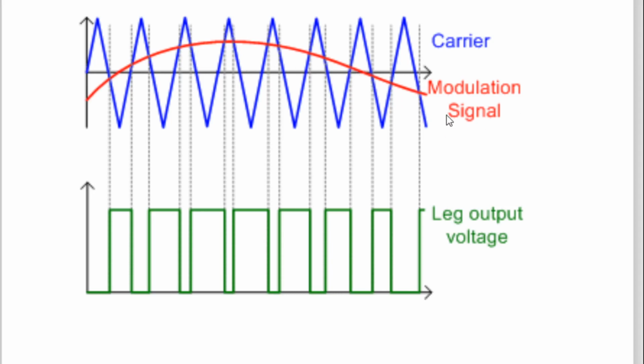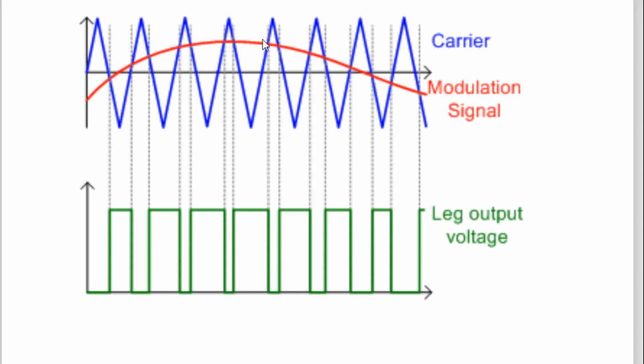Why? Because this sine wave is an information signal having very low frequency. Here a triangular wave is shown as the carrier signal.